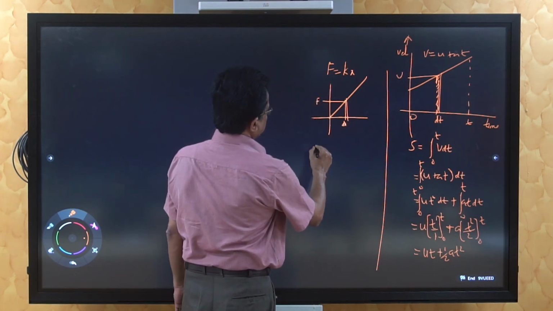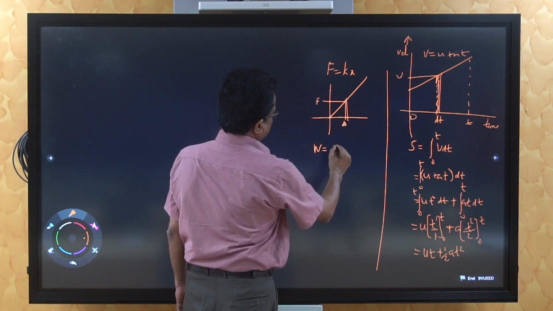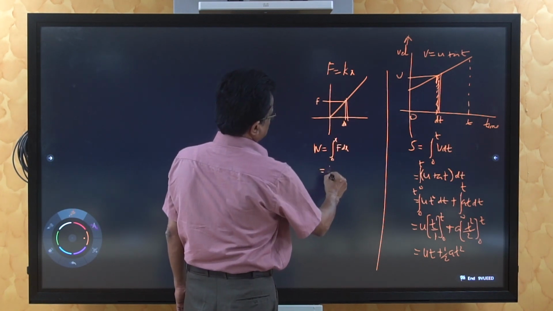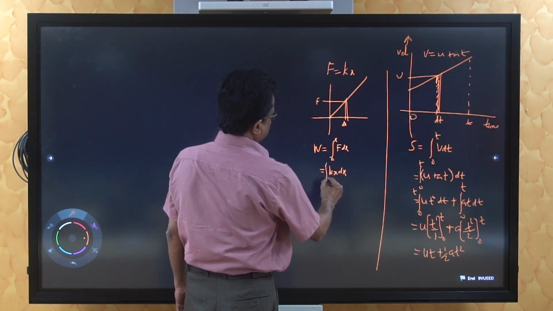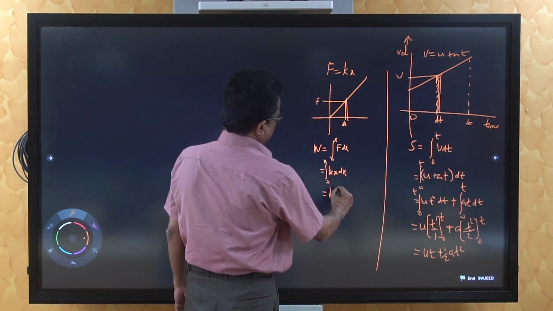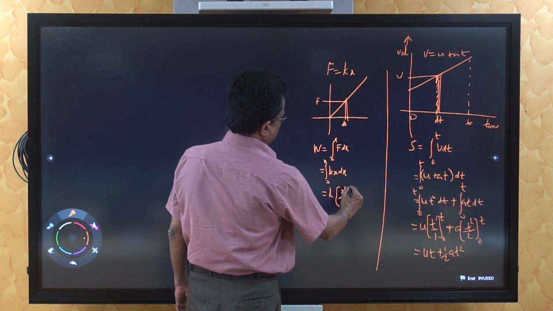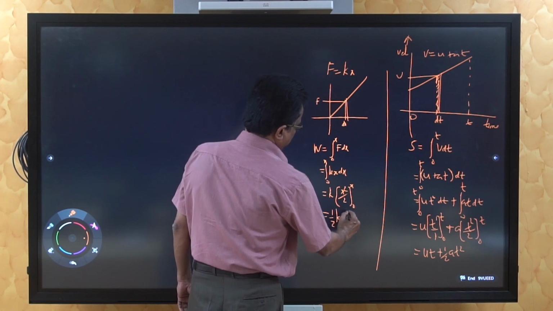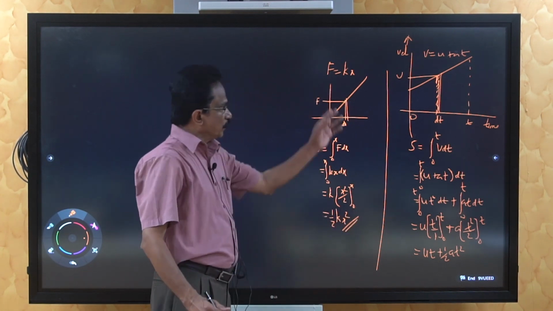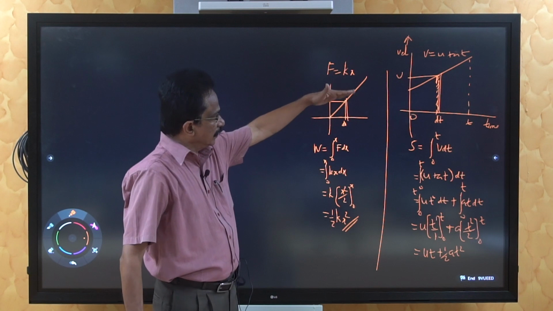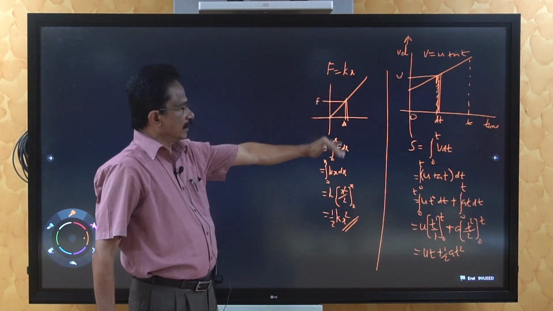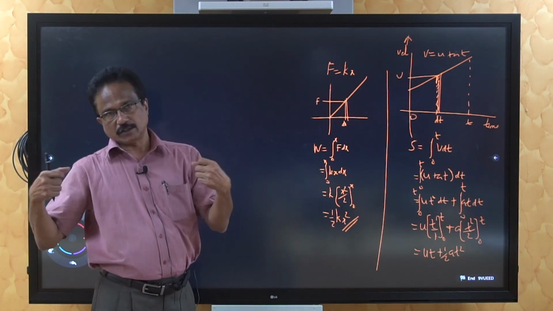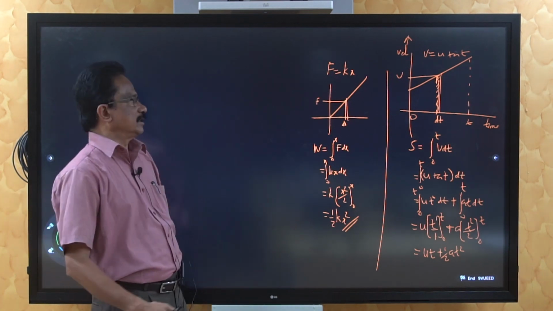So total work done is equal to the total area under the graph, which is the integral of F dx from 0 to x. F is kx, so k constant, x dx integrates to x square by 2 from 0 to x. Substituting, we get half k x square. This is the work done. Here the force is variable, and we found the total area under the graph from 0 to x. This work done is stored in the spring as potential energy.